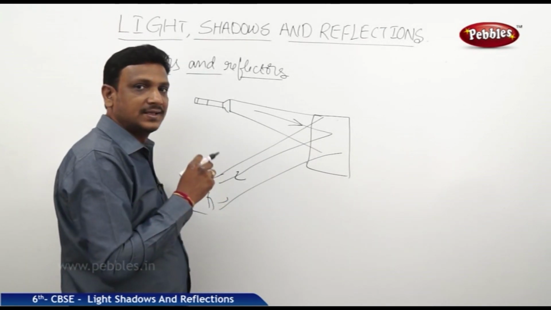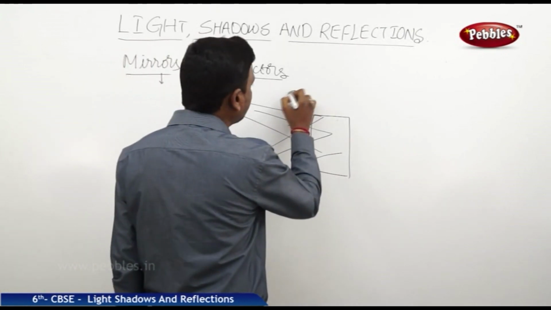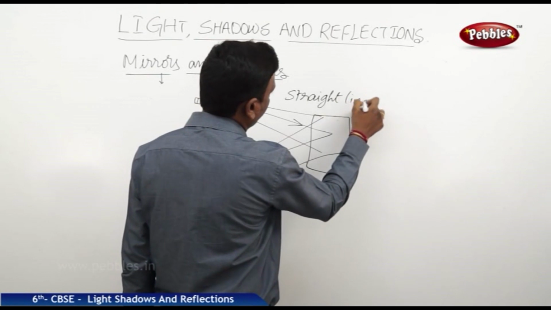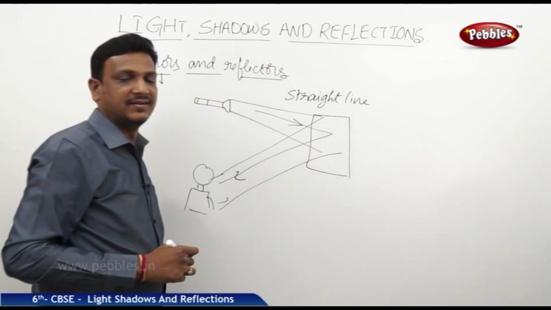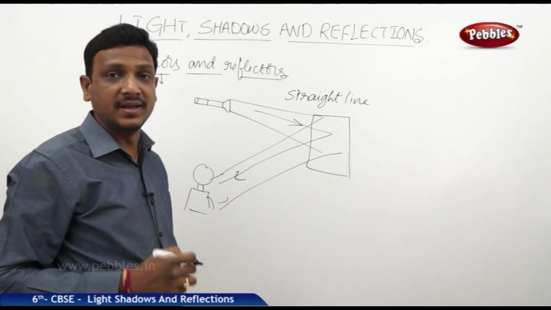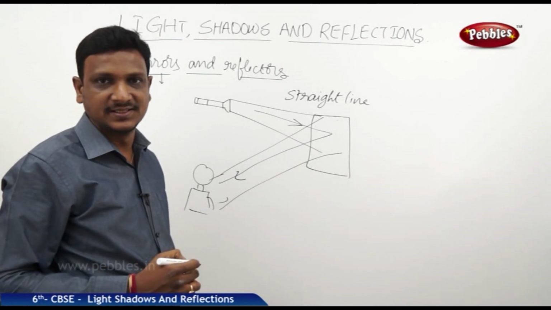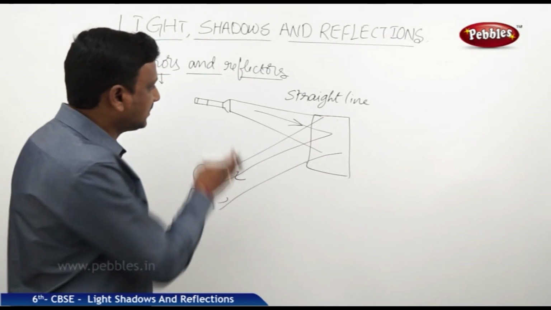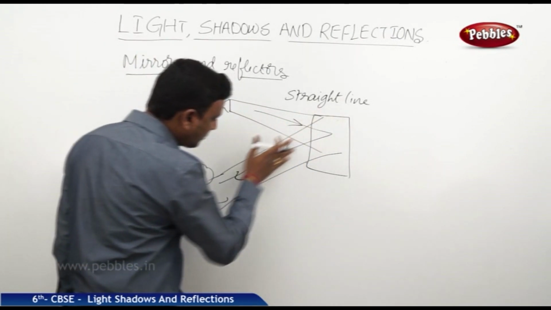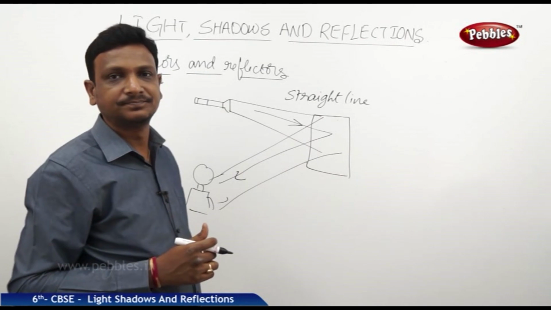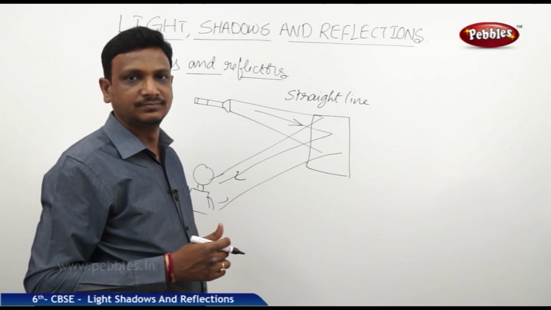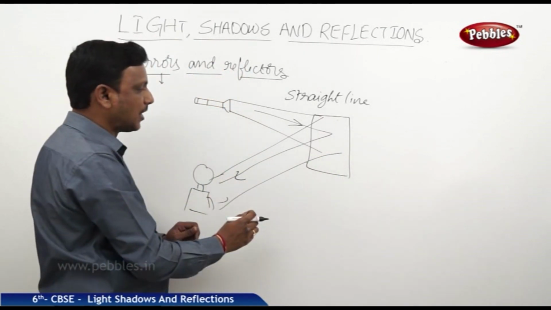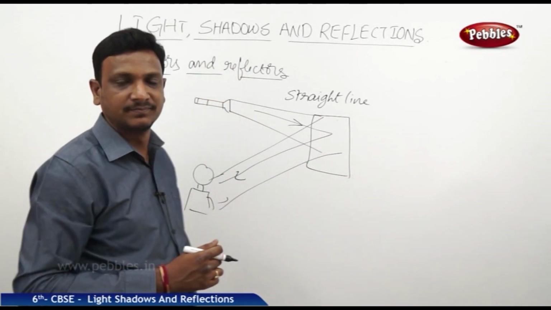Light travels in a straight line. And second thing, it gets reflected. Mirrors reflect the light. So this way it is going to hit the mirror and this way it is reflecting. Okay. So by changing the direction of the mirror, you can change onto which object it gets reflected.